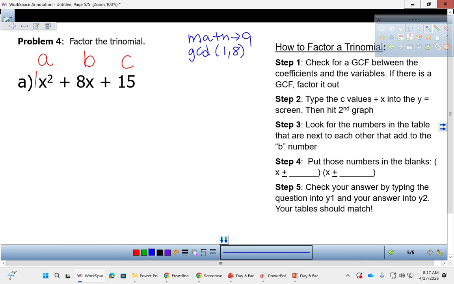If you type that into your calculator, you're going to get a 1. Then I take that GCF and compare it to my last number, and again, you're going to get a 1. And 1 is not a GCF. So in terms of numbers, there's nothing I can divide out. And because this has no x, there's no variable GCF either.